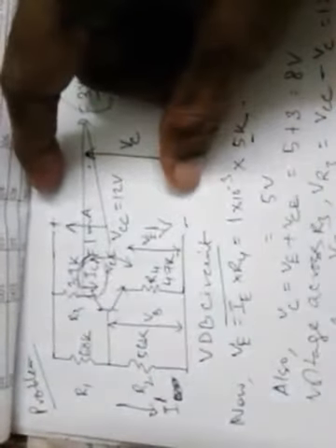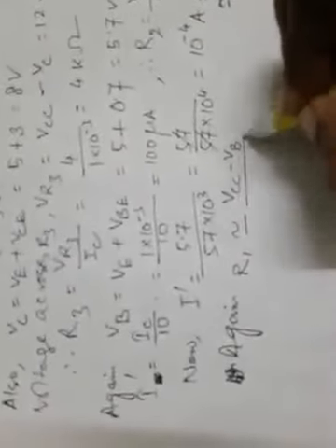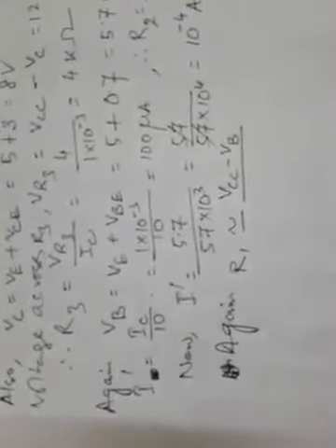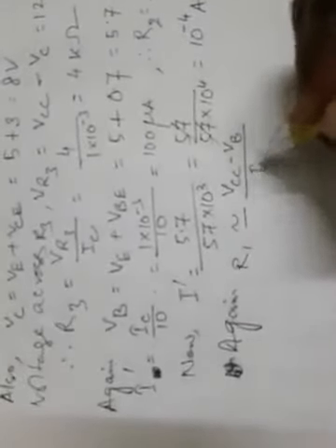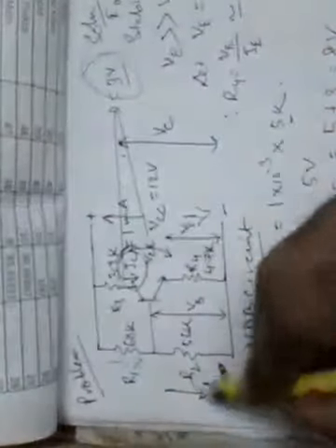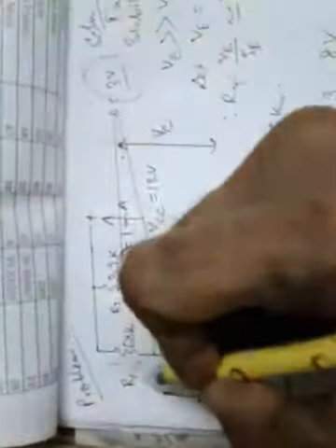So if we subtract VB from VCC, we should get the voltage across R1. So it is VCC minus VB divided by I dash, because through this again I dash will flow, because actually the current is I dash plus IB, but IB will be very small, so it can be ignored with respect to I dash.